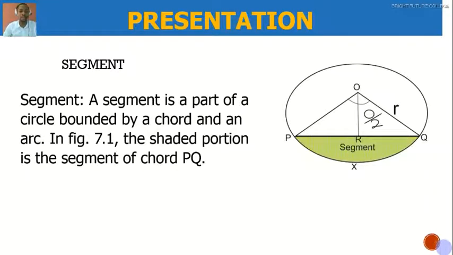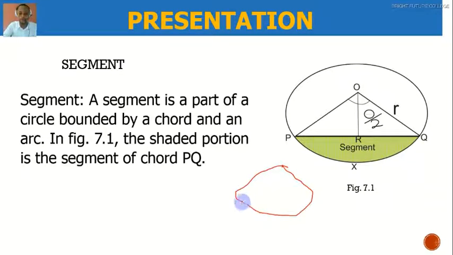Now let's look at figure 7.1. In figure 7.1, from P to Q is the chord, and PXQ is the arc. You can see this shaded portion, that is a segment. But I want you to know that this shaded portion is the minor segment, because in a circle we have a major and a minor segment.